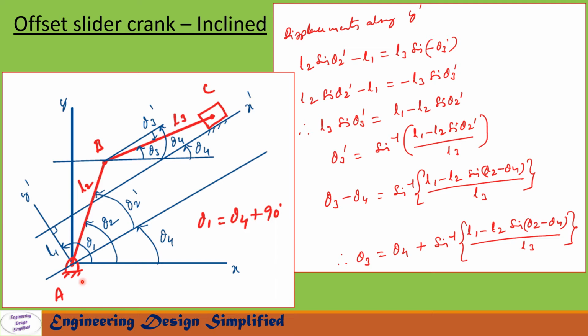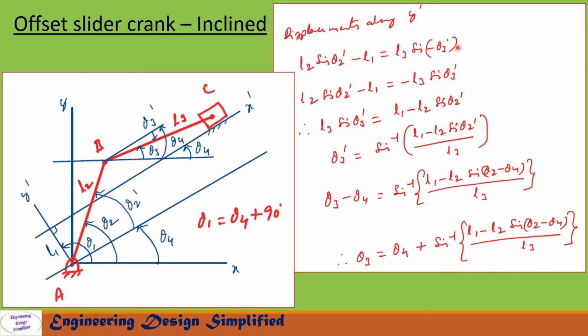Now let us write displacement equations along the y prime axis. So along the y prime axis, L2 sin theta 2 prime, that is this height, minus L1, that is this length, this is the offset. So L2 sin theta 2 prime, this height minus this height, equals L3 sin minus theta 3 prime, that is this height.